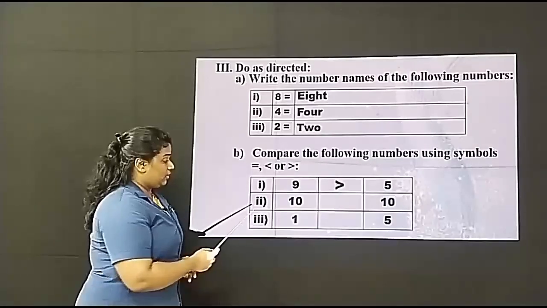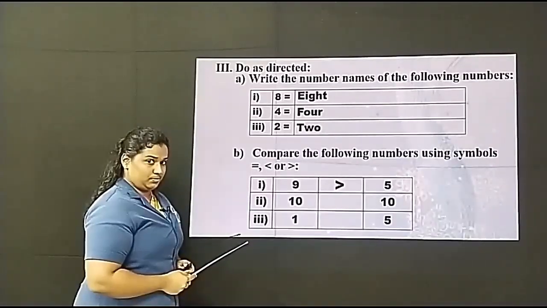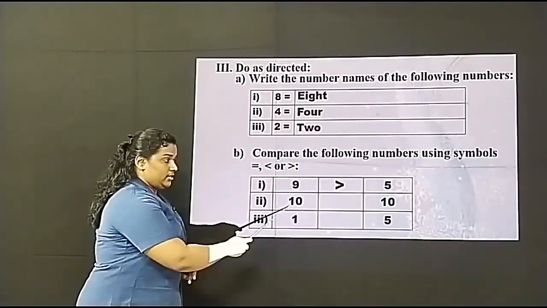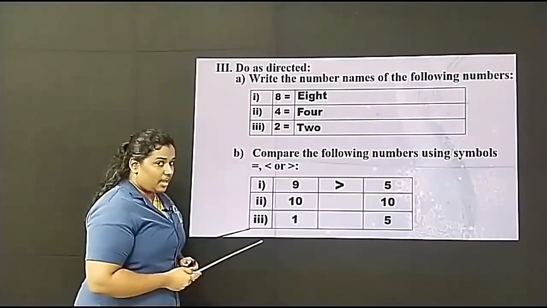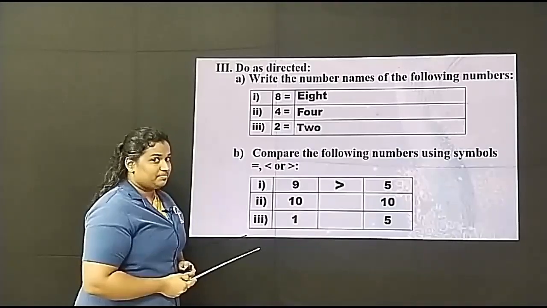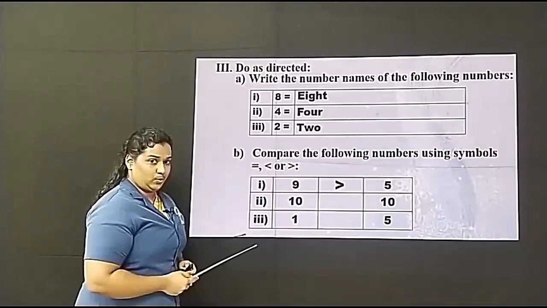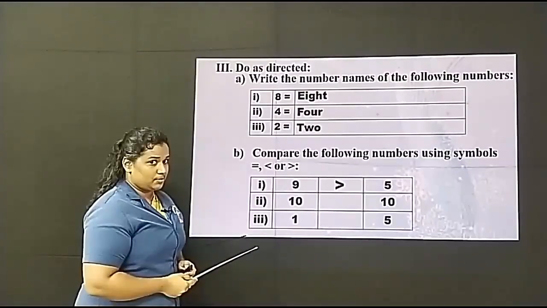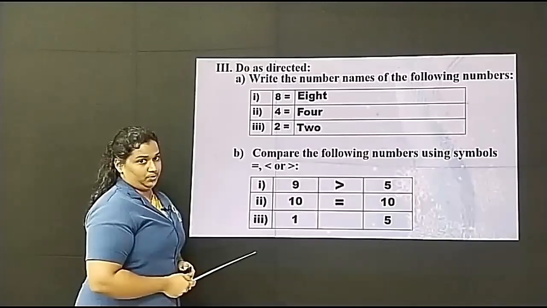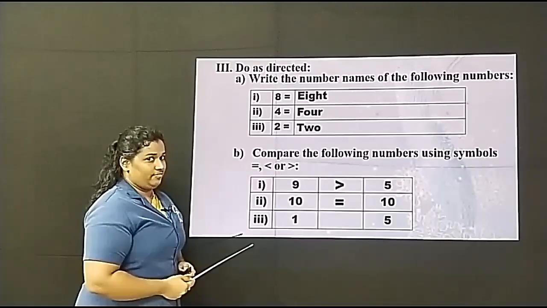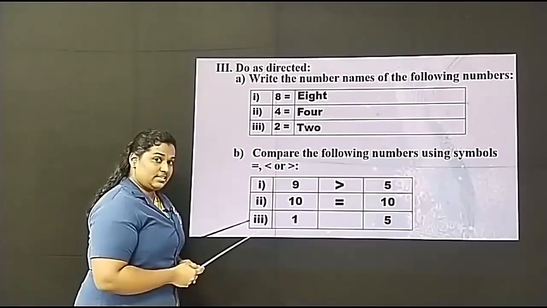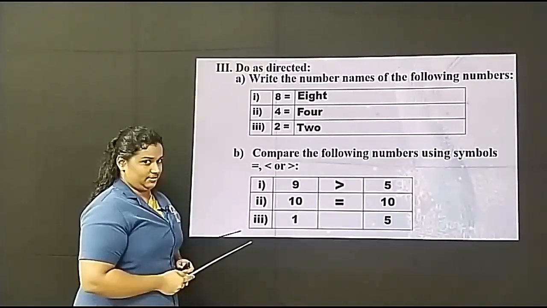Let's move to the question 2. Look at the numbers 10 and 10. Are they equal? Yes, they are equal. So we can use the symbol equal to. Then how do you read it? Very good. 10 is equal to 10.